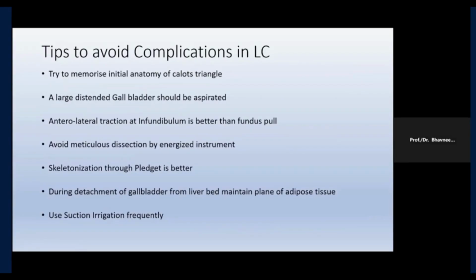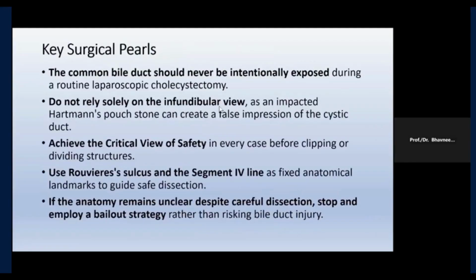So I'd like to wind up my talk now by giving you these take-home messages. While doing a laparoscopic cholecystectomy, the common bile duct should never be intentionally exposed. That is not our area of interest. Do not rely solely on the infundibular view.